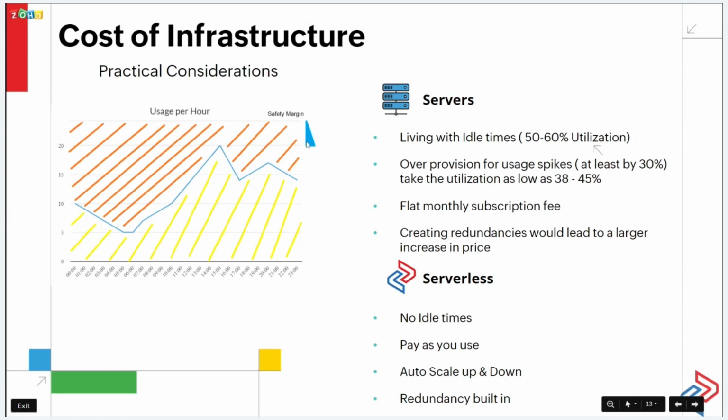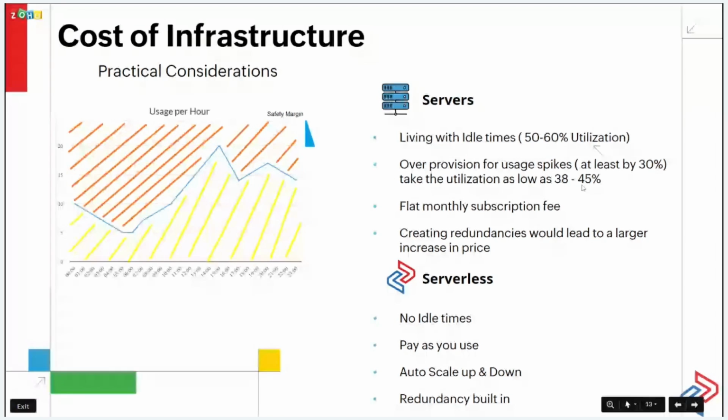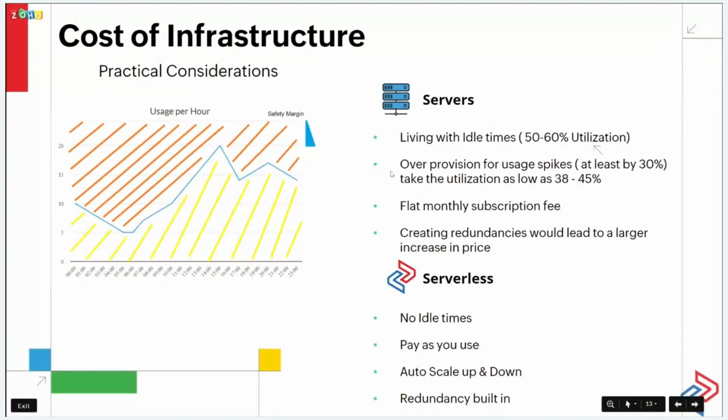So anybody would probably provision an upside of 30% when they're looking at a constant usage that they expect. What this does to overall utilization is that it reduces the 50 to 60% utilization that we were seeing to 38 to 45%. So effectively, you're using only 38 to 45% of the capacity that you're paying for.